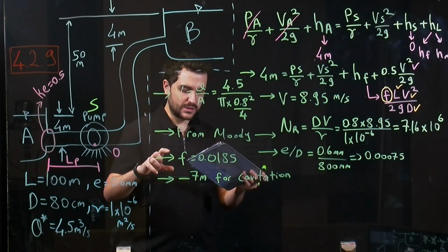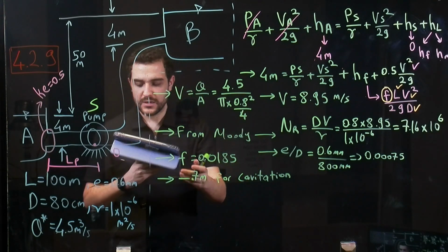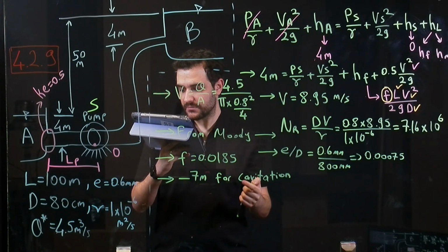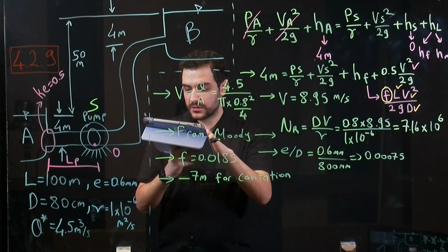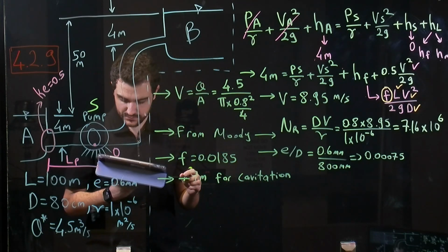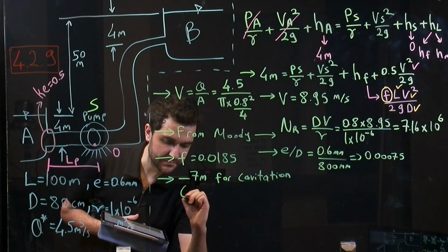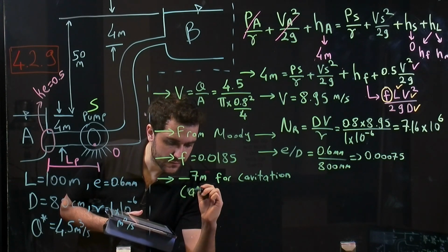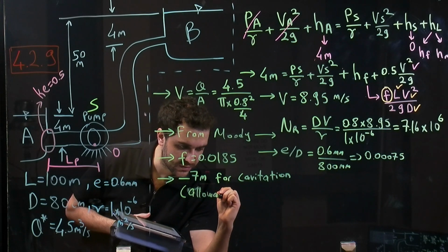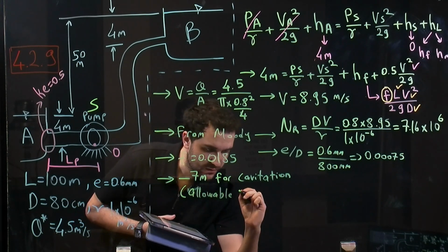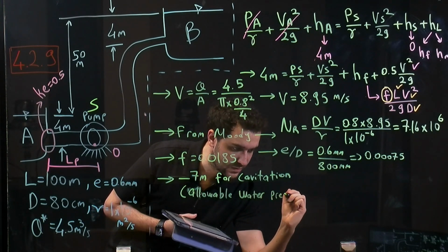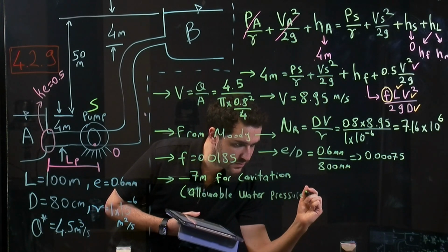So the maximum value can be -8 meters to prevent cavitation. And let me write that. This is allowable water pressure head.